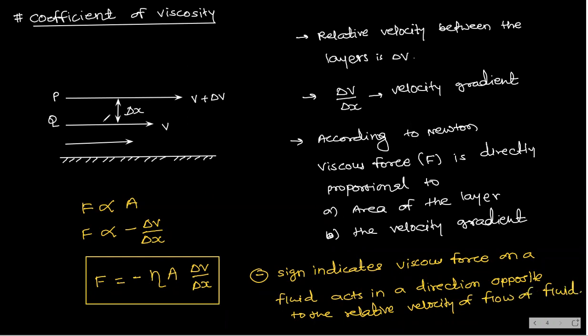Obviously, because this viscous force is the only one responsible for decreasing the velocity, and that's why it acts in the opposite direction to the fluid flow. It is the same as friction. Always friction acts in the opposite direction to the motion. Same thing here also. Okay, got it. Clear? Understood.